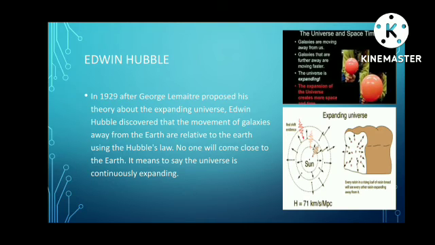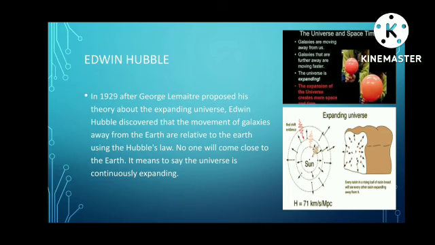Ibig sabihin, lahat ng galaxies, they are moving away from our planet Earth. Walang lumalapit sa planet Earth. Lahat ay lumalayo. No one will come close to the Earth. It means to say that the universe is continuously expanding.